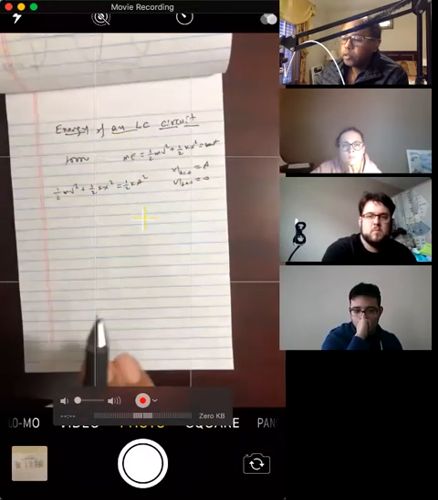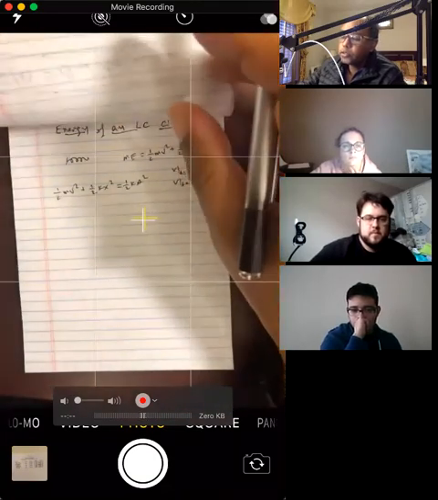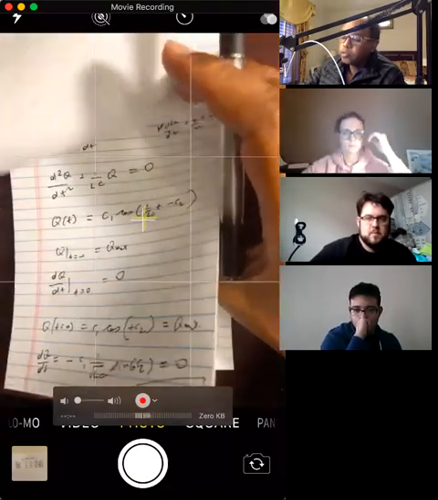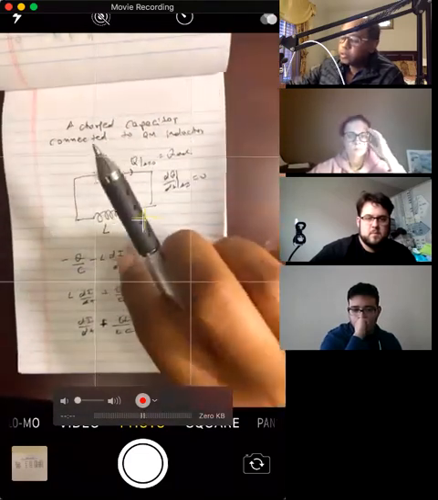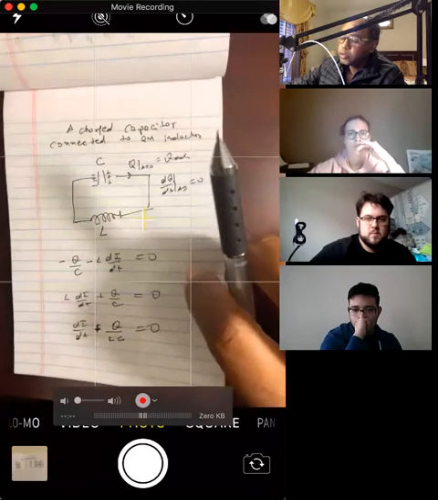So let's start from the differential equation for this circuit. Remember, it was negative Q over C, negative L dI by dt equals 0. This is the differential equation that governs this circuit.